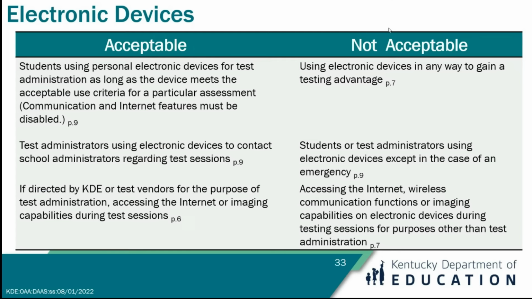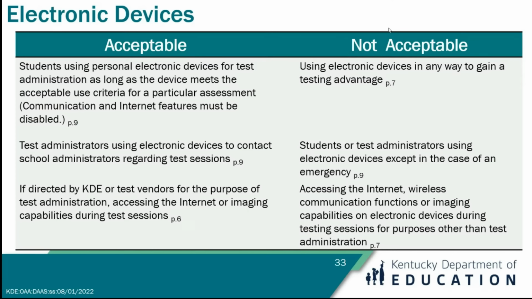However, neither the student nor test administrator shall use electronic devices such as, but not limited to, cell phones, tablets, and e-readers for personal reasons during testing sessions, except in case of emergency. Test administrators should be communicating with building assessment coordinators or other designees for assistance with a situation in the classroom, and not each other, while testing is occurring.